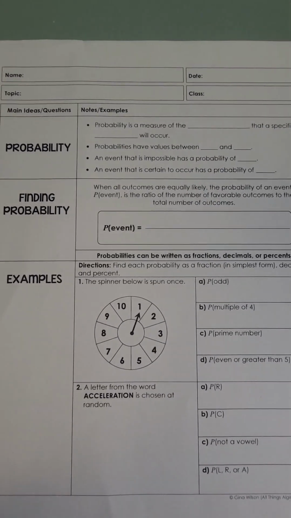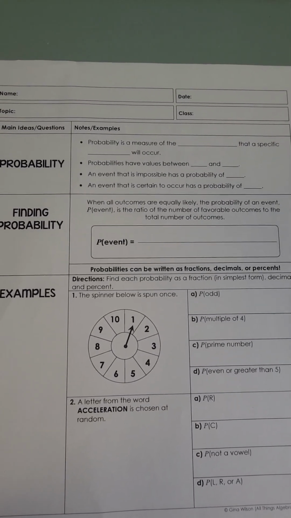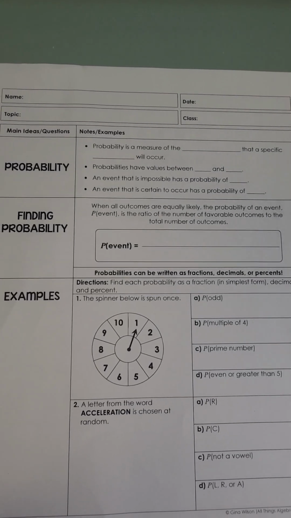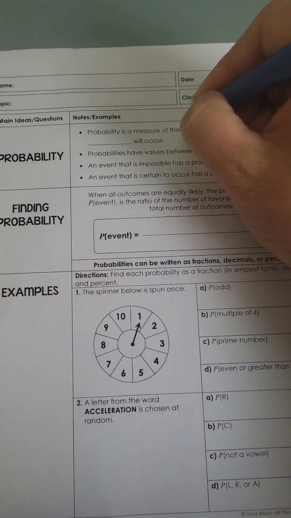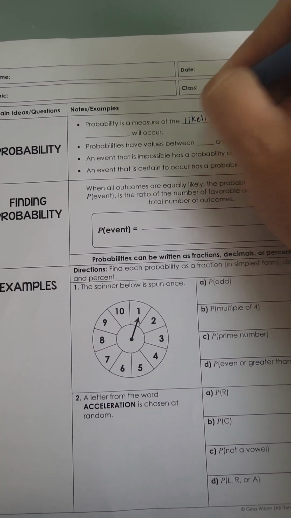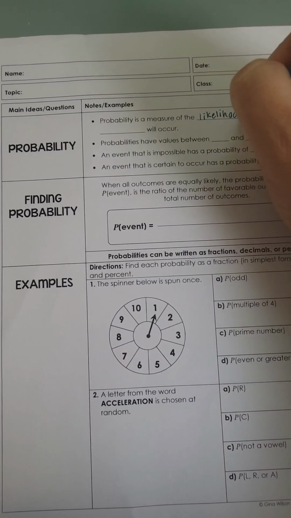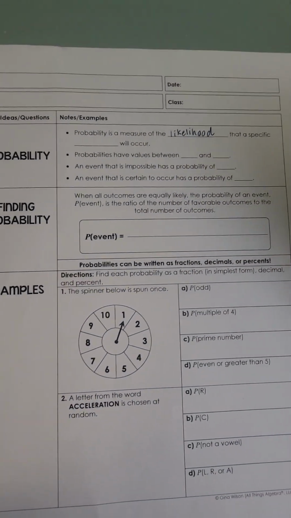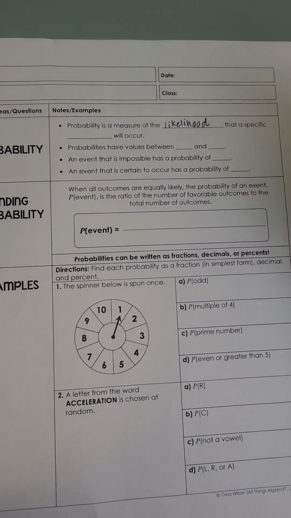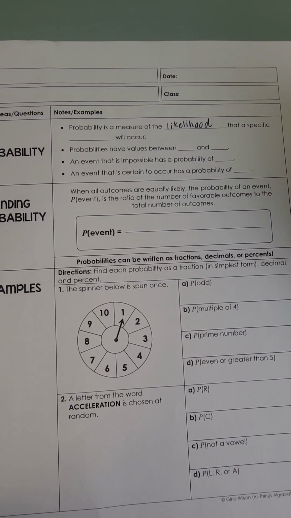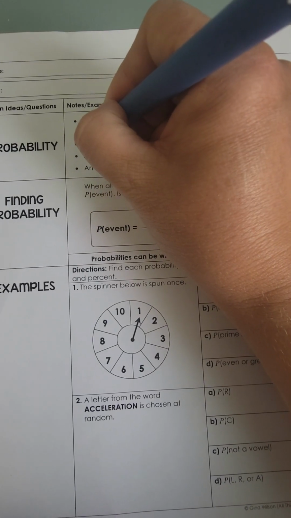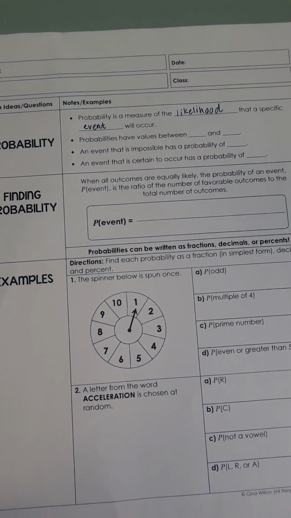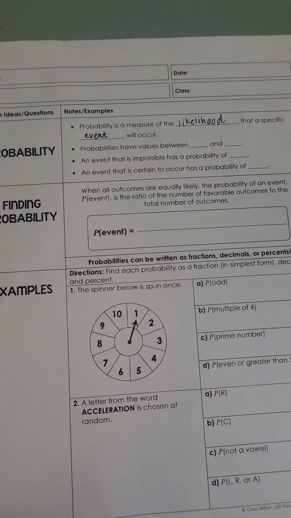So let's start with what probability really is. Probability is a measure of the likelihood that a specific event, and we learned on Wednesday what an event is, will occur.